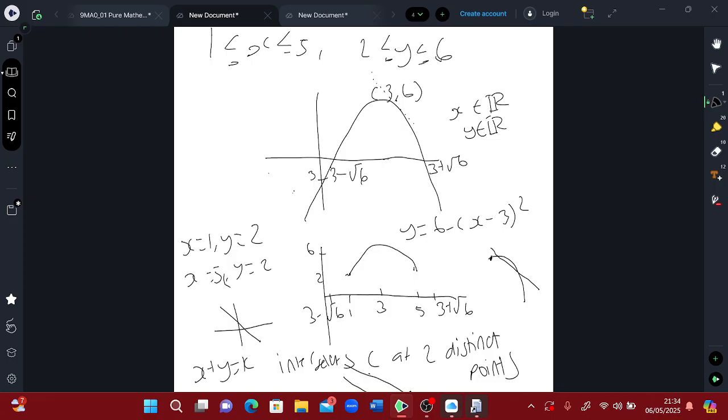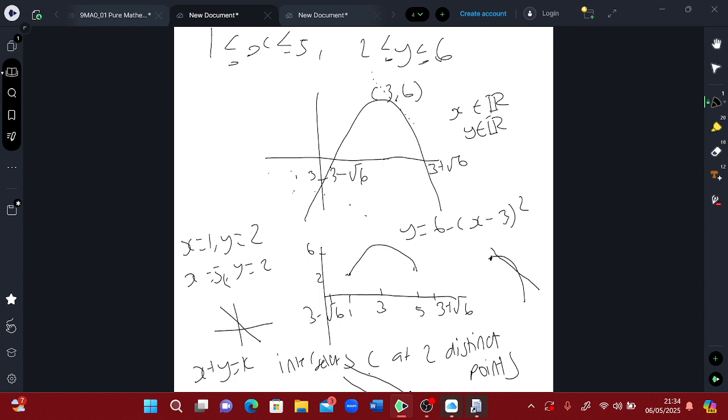But if we used it on this curve here, what would happen is, no matter what, even down here, you would have two intersections, because the curve keeps going down and down.